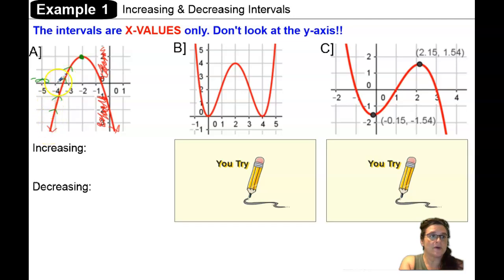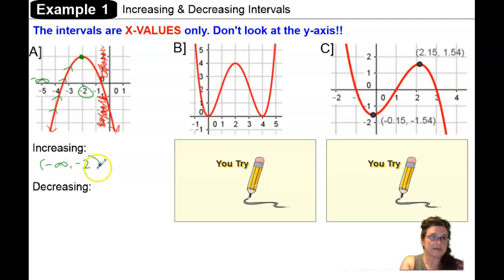So the interval where Pierre is increasing occurs from negative infinity until x equals -2, because that's the x coordinate where the absolute maximum is located. So the interval of increasing would be negative infinity to -2.